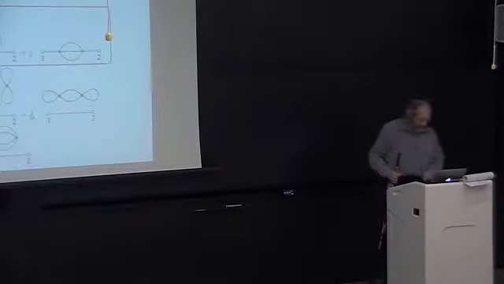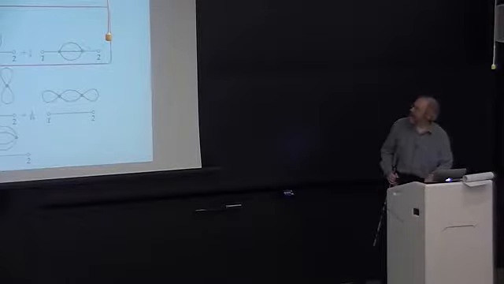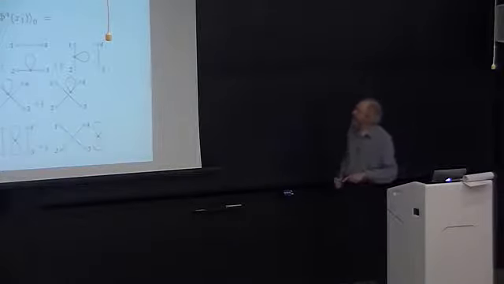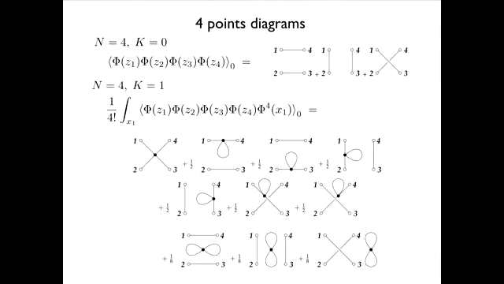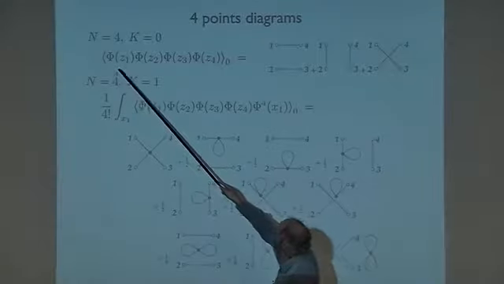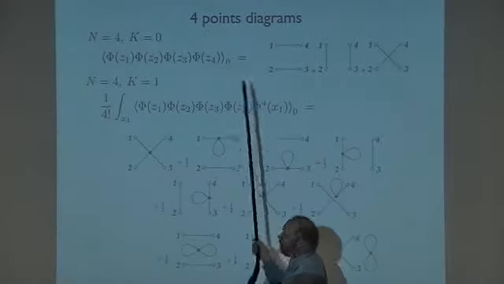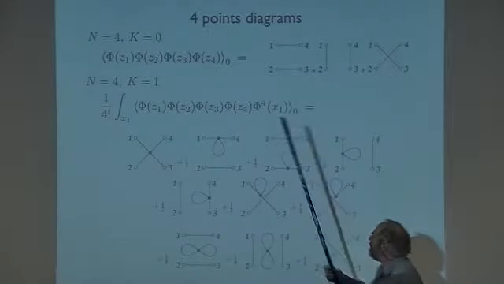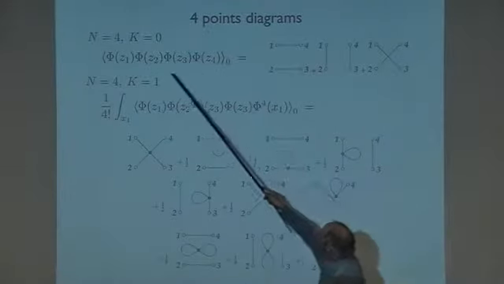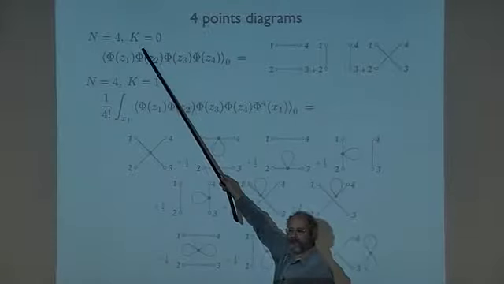So now, 4-point diagrams. The 4-point diagrams are a bit more involved, there is one subtlety. If I'm interested in computing the 4-point function, I have to compute in the interacting theory the expectation value of products of 4 fields. And we have seen that in the free theory, so at order 0, k is the number of internal vertices.